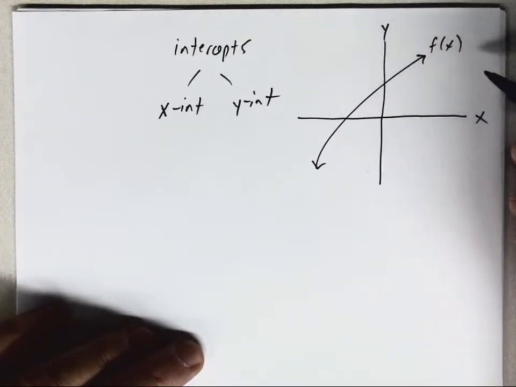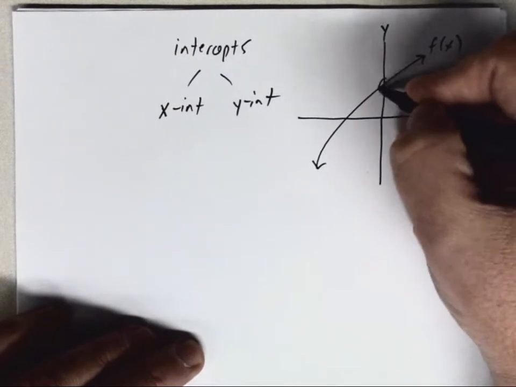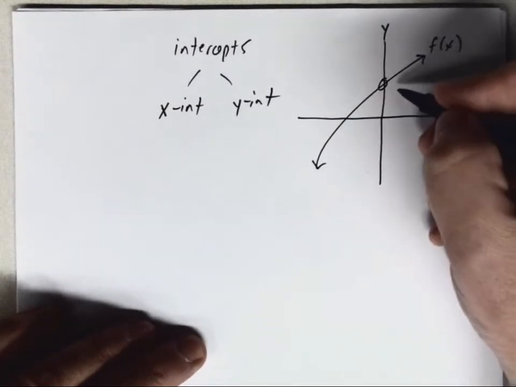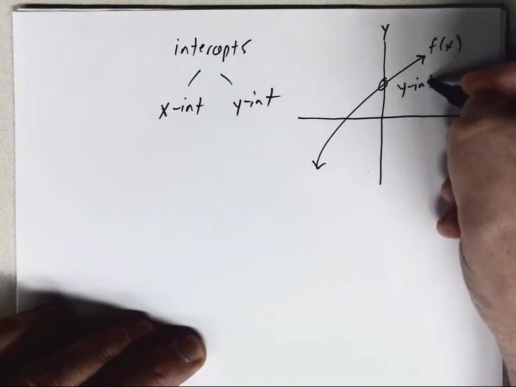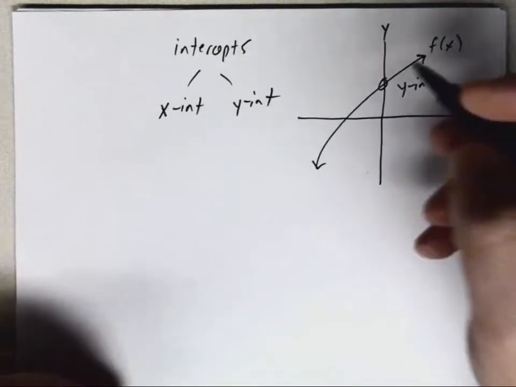Intercept sounds a lot like intersect, same root word. Here you can see the graph crosses the y-axis. Therefore, that point, the point where the graph and the y-axis intersect, that would be called the y-intercept.